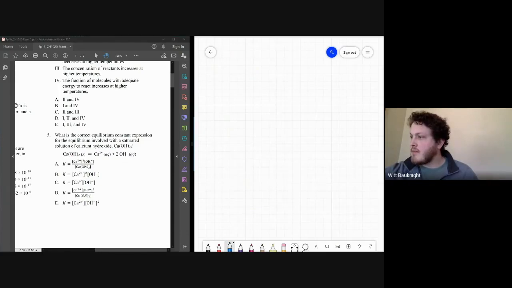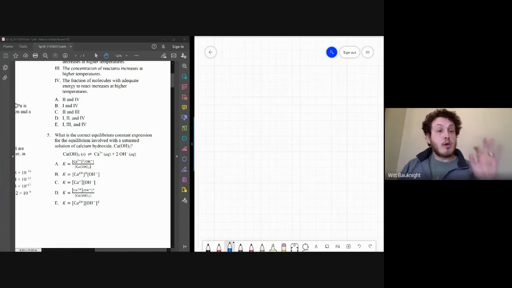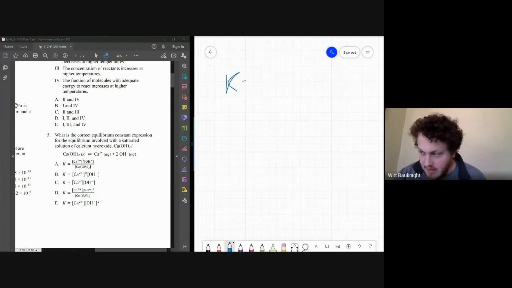All right, so what is the correct equilibrium constant expression for this equilibrium? That just means we need the right expression. We don't need to solve anything. Well, we know that K is equal to products over reactants.